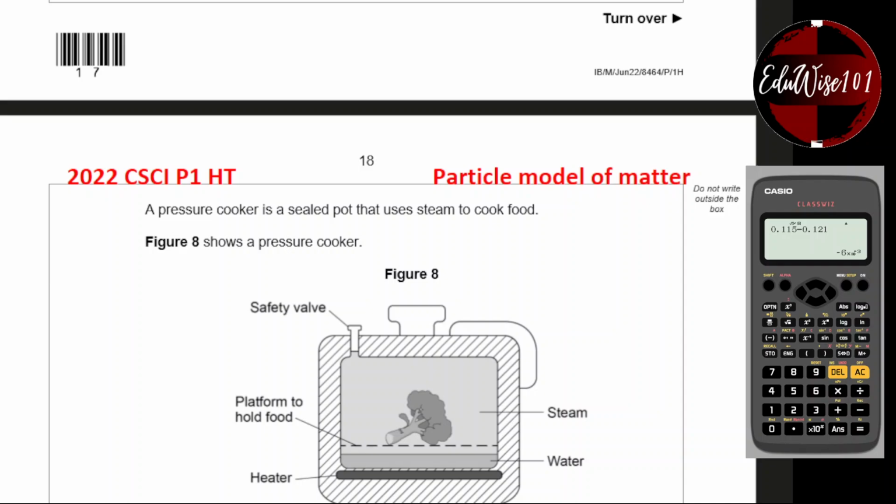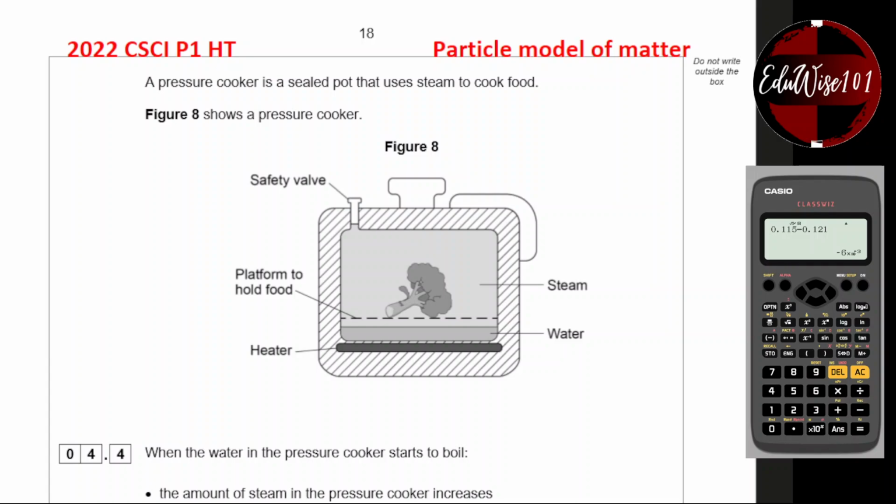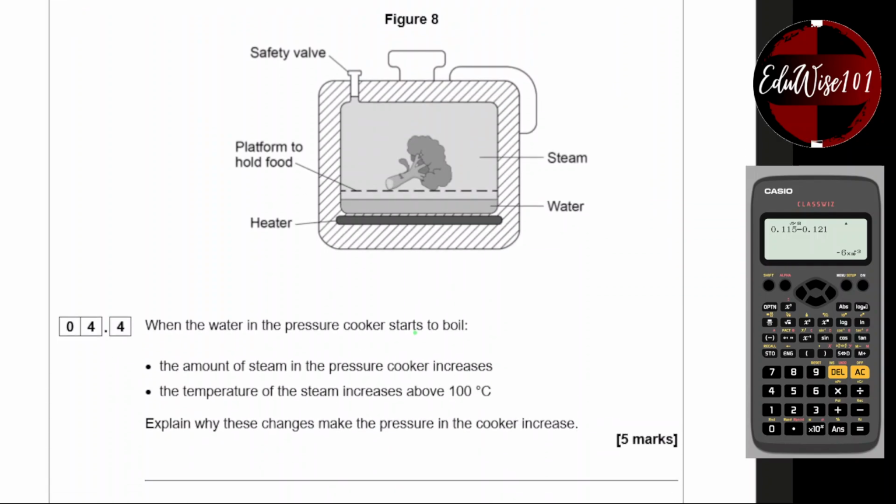Next part, a pressure cooker is a sealed pot that uses steam to cook food. Figure 8 shows a pressure cooker. So you have the heating element at the bottom, which is going to heat the water in the container here, and you have the platform for the food, and they used a broccoli. Okay, so 4.4.